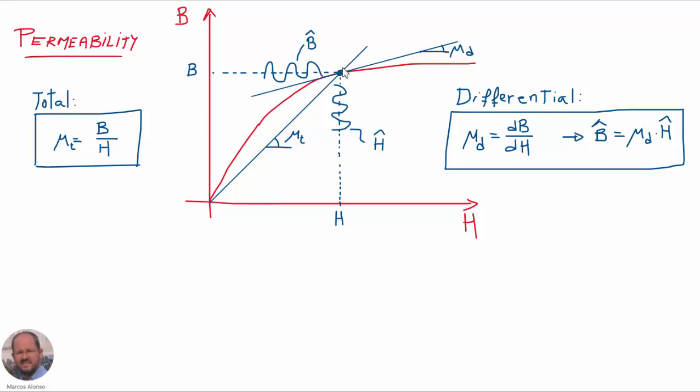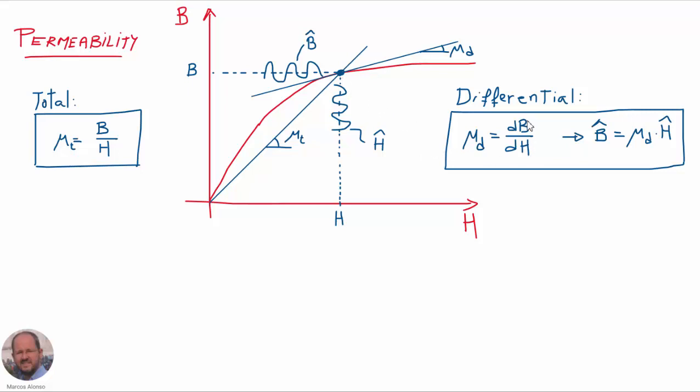When we are operating at a given point of the BH curve like this one here, we can define two different types of permeability. The first one is the ratio between the DC level of the magnetic flux density and the magnetic field intensity. So we have this definition here that we are going to call the total permeability of the material. We can also define what is called the differential permeability of the magnetic material.